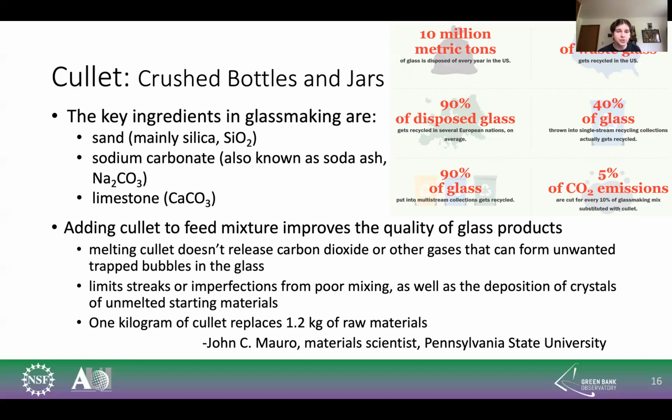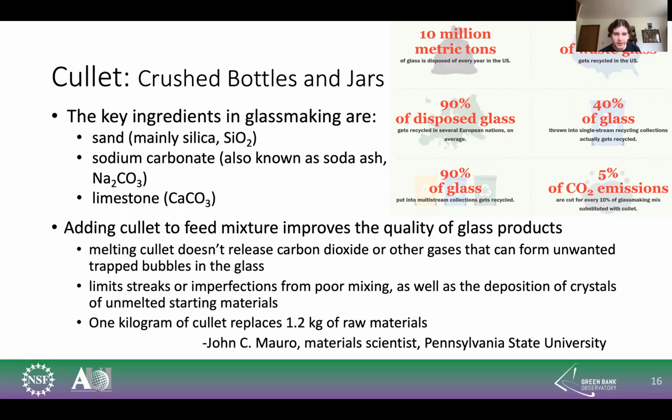You'll get fewer streaks or imperfections as a result of poor mixing of the materials, as cullet is already mixed and processed glass. And you don't run the risk of having some unmixed materials depositing crystals or something of the like when you're creating the glassware.